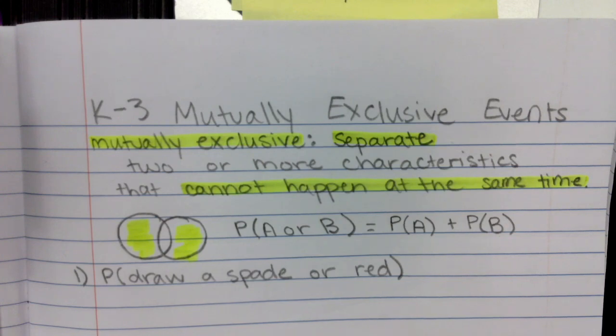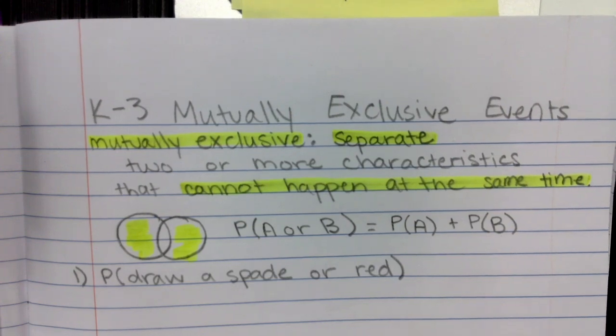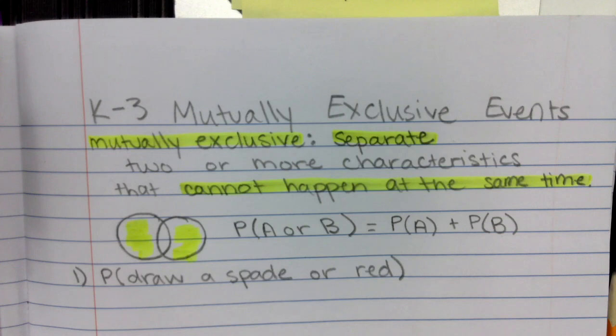So as we look, spade, remember, is spades. That's this one. When I think about spades and red cards, are any of these spades red? No, all these spades are black, so there's no overlap. None of these spades are red. Are any of the red cards spades? Nope, so they're completely separate things. So that's what makes them mutually exclusive. Spades and reds, there's no cards that could be both.